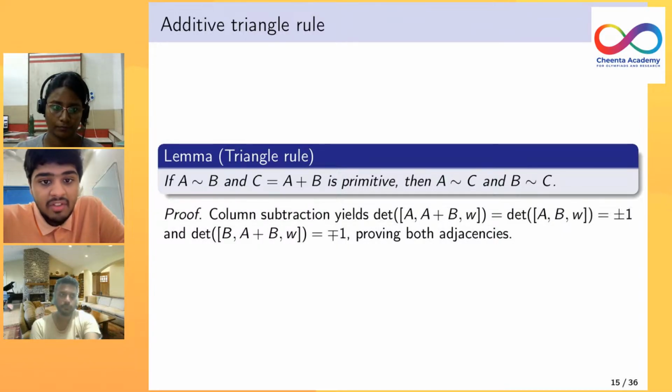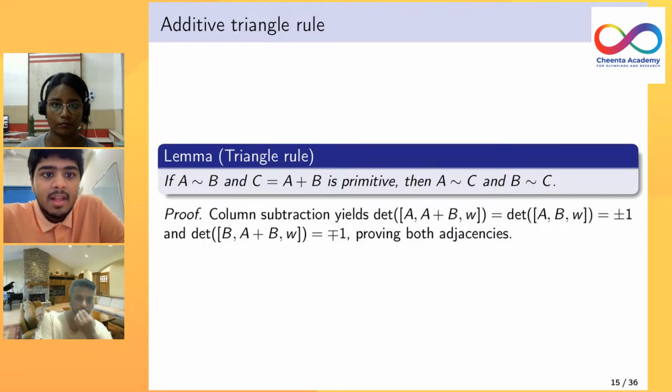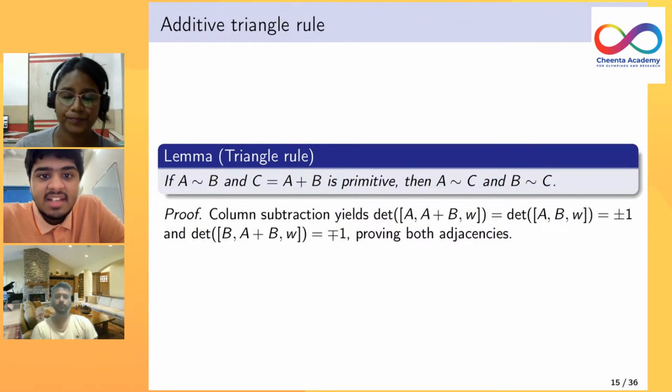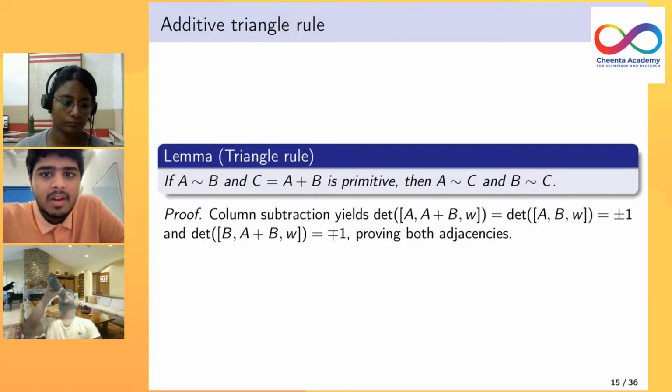This lemma is one of the core principles in my 3D Fourier graph to enumerate neighbors. This rule states that if A is connected to B and C equals A plus B is primitive, then A is connected to C and B is connected to C. The proof is sketched on screen. We subtract column 1 from column 2, so the middle column becomes B, and we get the determinant of (A, C, W) equals the determinant of (A, B, W), which is plus or minus 1.